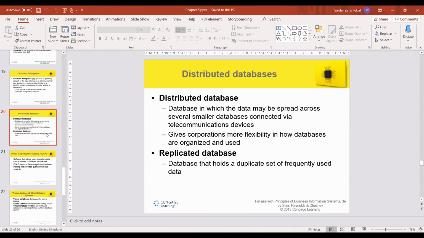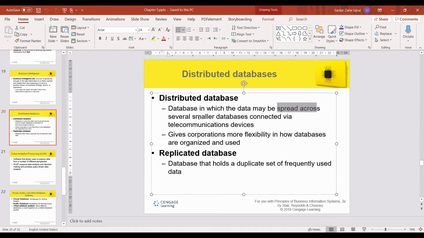Okay, we have some other type of database which is a distributed database. A database in which the data may be spread across several smaller databases connected via telecommunication devices. It gives corporations more flexibility in how databases are organized and used. Distributed, as its name says, distributed database.